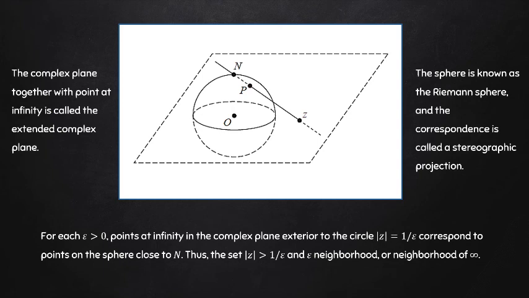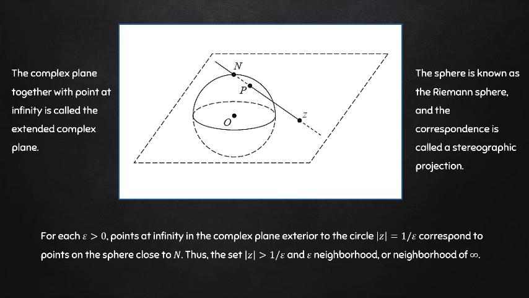As you can see in the figure, the origin is symbolized with point O. To each point z in the plane, there corresponds exactly one point P on the surface of the sphere. The point P is the point where the line through z and the North Pole N intersects the sphere.